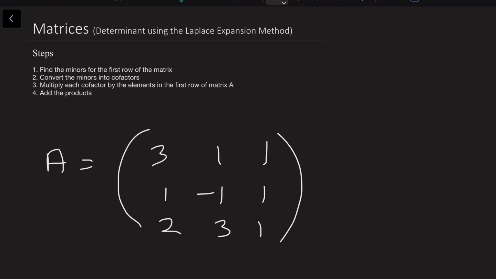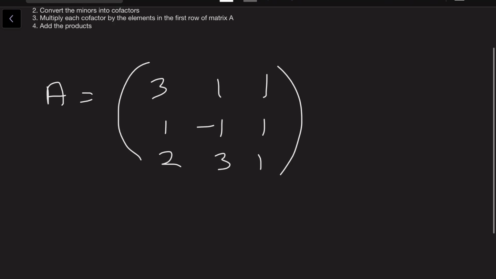So we're going to go ahead and apply the first step. The first step says we are supposed to convert to a matrix of minors. Now recall that to convert to a matrix of minors, we're going to take the first element that's in the row, 3.